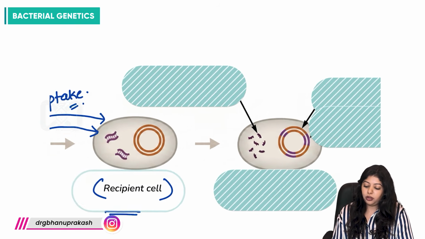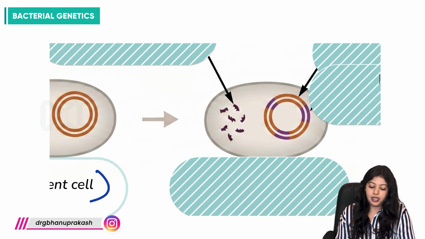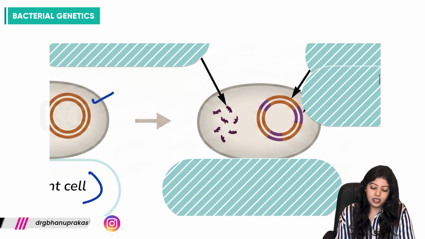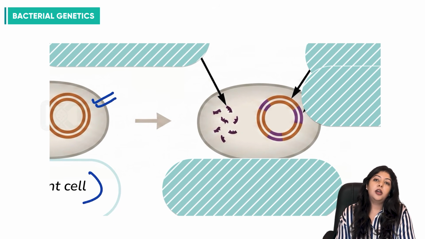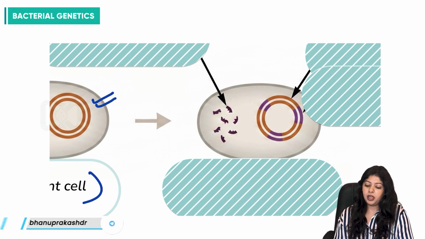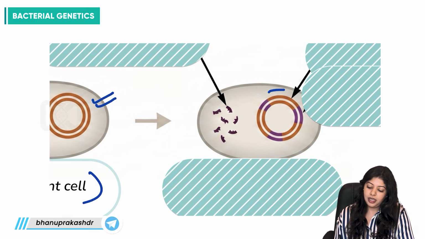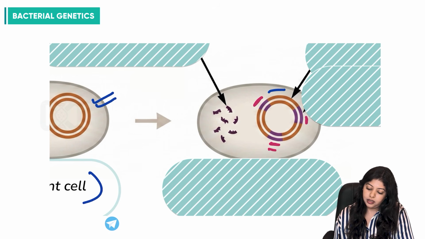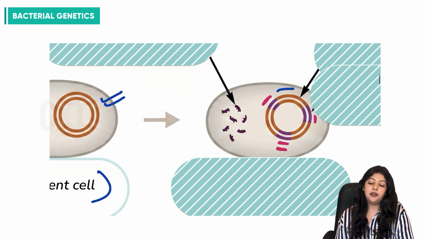If we look closely, this is the chromosome which was originally present in the bacteria. But in this image, can you see that in between we have this purple colored, different kind of DNA which is integrated inside the chromosome?